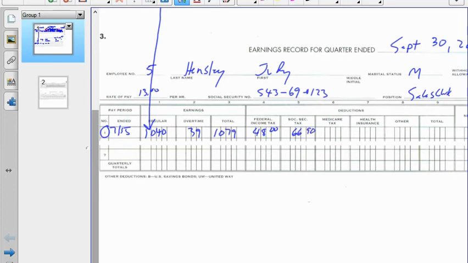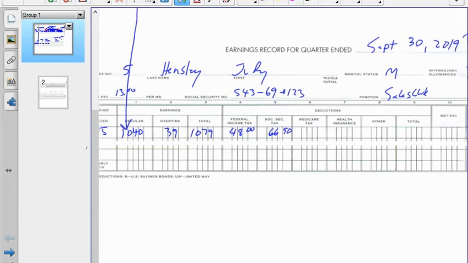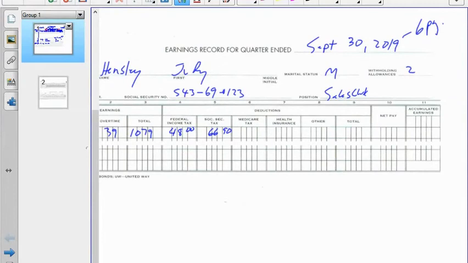As I just keep working my way across, I just keep grabbing the numbers from the payroll register, dragging them down, and plugging them in. Net pay $873 and 45 cents.